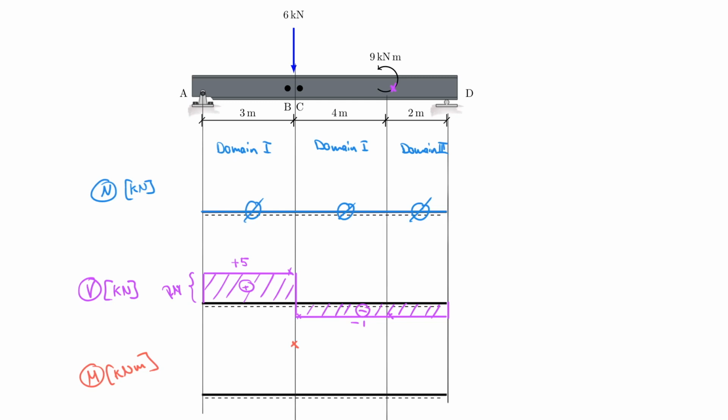And I also calculated the value right here with positive 2, so that I can actually draw a little cross right down there. And now it's very tempting to say, if it's plus 2 here, then maybe it's plus 2 on this side as well, because that was the case for this location. But notice that here at B and C, we're actually dealing with a concentrated force, whereas here we are dealing with a concentrated moment.